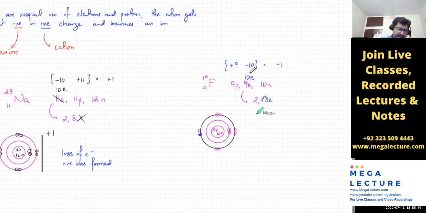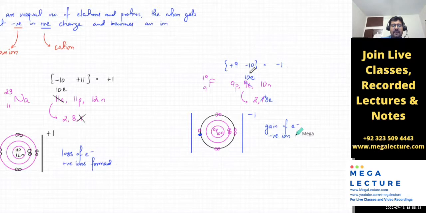It's going to be negative. So gain of electrons always leads to the formation of a negative ion, right?